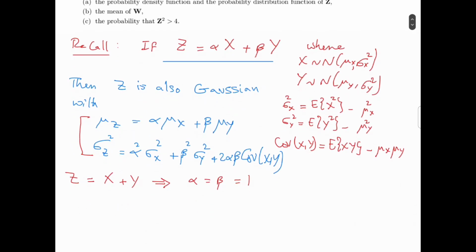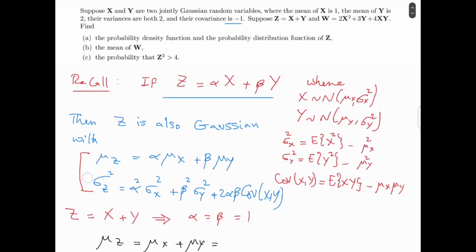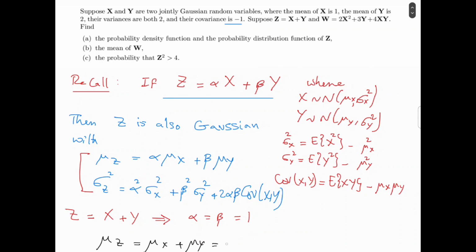So according to this, we can easily first calculate the mu z, which is equal to mu x plus mu y, and mu x, the mean of x is 1, plus the mean of y, which is 2, so the answer is 3.